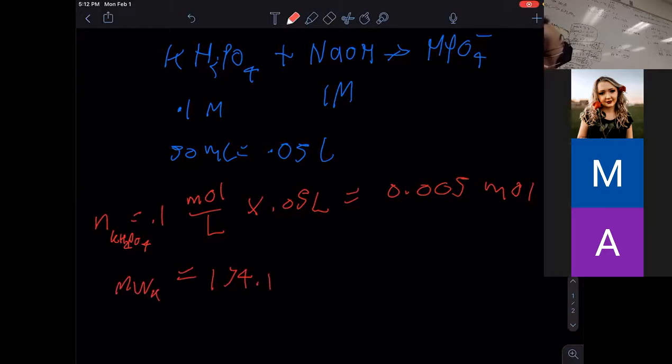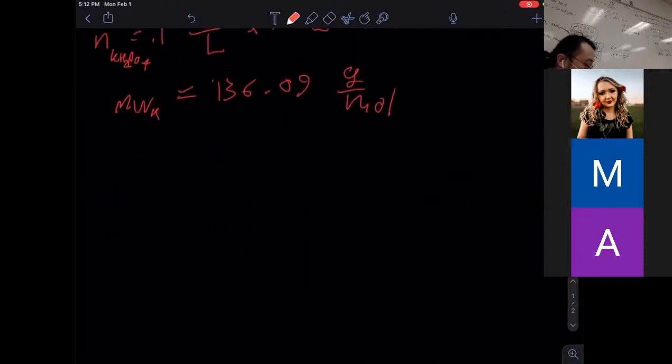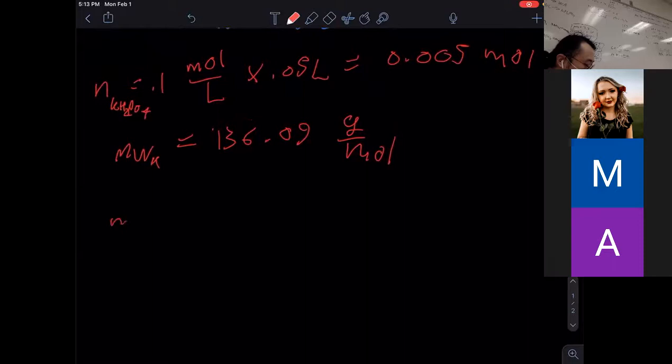When we say dibasic, is it the deprotonated form? Dibasic means it has 2 potassium. That will be your weak base, and your weak acid will be the monobasic one. So we're looking at the mono one, which is 136.09 grams per mole. For total mass, it would be 0.05 mole times 136 grams per mole.